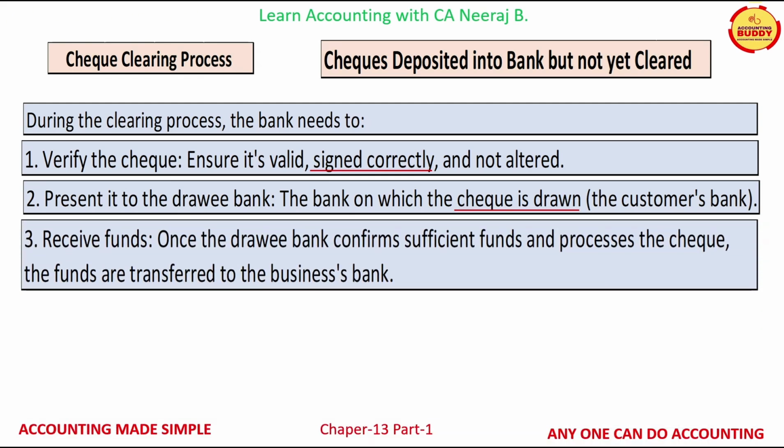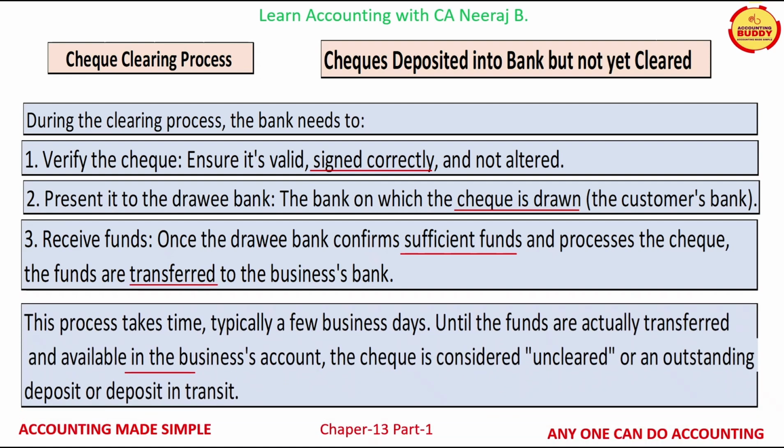Once the drawee bank confirms the availability of sufficient funds in the customer account, the drawee bank processes the check and transfers the funds to the business bank account. This process takes time, typically a few business days, until the funds are actually transferred and available in the business account. The check is considered as uncleared, or an outstanding deposit, or a deposit in transit.